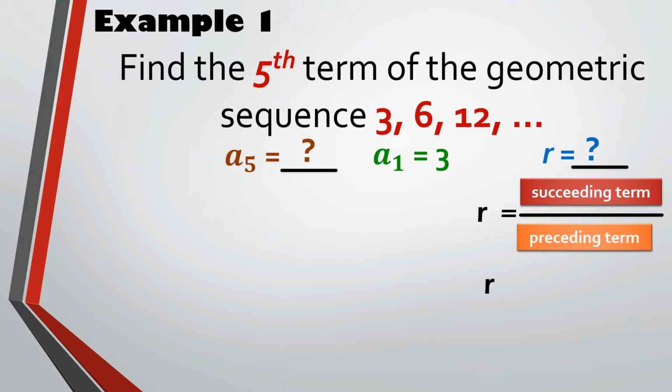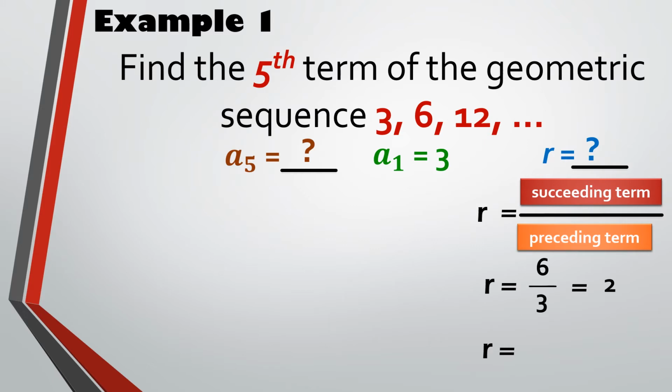So in our sequence, 3, 6, 12, and so on, we can solve for a common ratio. First, we write down 6, which is a succeeding term of 3. So 3 is the preceding term. So what is 6 divided by 3? That is equal to 2.